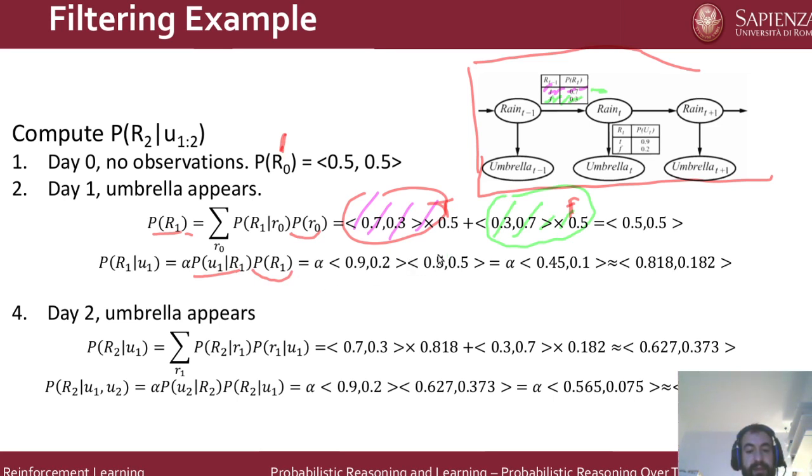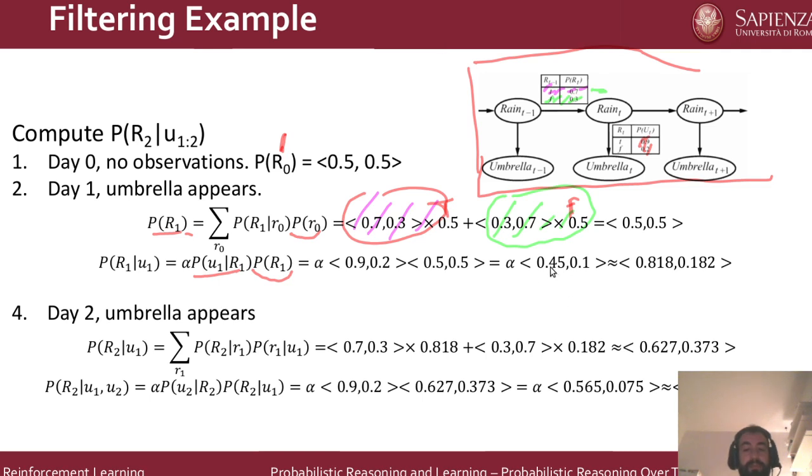Basically, we multiply probabilities 0.5 and 0.5 by 0.9 and 0.2. Why do we choose only this column? Because we know that umbrella is true, so we need to look at this column here, and then we multiply this by all the probabilities for all the values of R1.